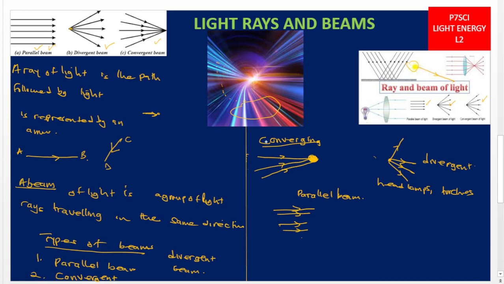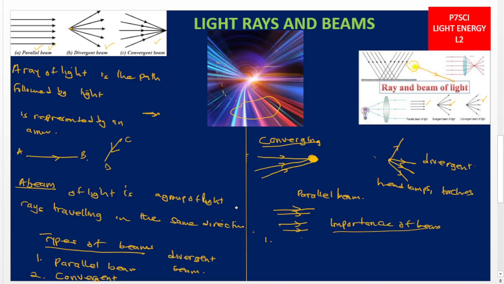But these beams and rays are very important. Now let us first look at the importance of the beams of light. Remember, we've said a beam is a collection of light rays traveling in the same direction.